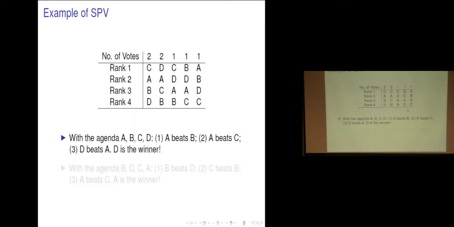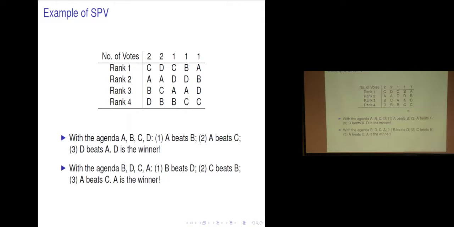So 3 votes for A above D. Now, how many votes for D above A? 2 plus 1 plus 1, so 4, right? So D beats A. So if we choose the order A, B, C, D, then D is the winner.